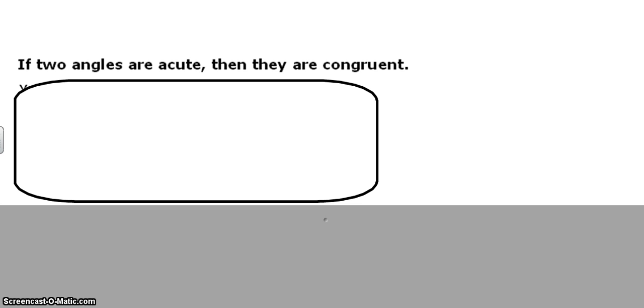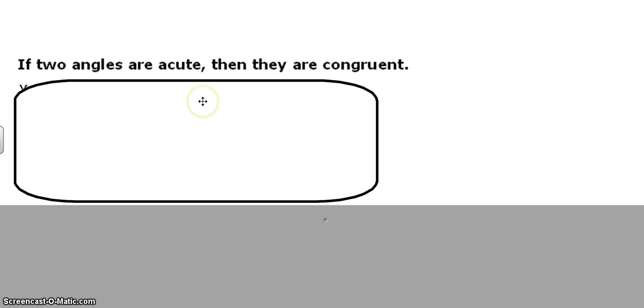Determine the truth value of this conditional. If two angles are acute, then they are congruent. Can you think of a counterexample to this conditional? I bet you are thinking of them, and you can use any counterexample you like, right? If two angles are acute, does that mean they have to be congruent?